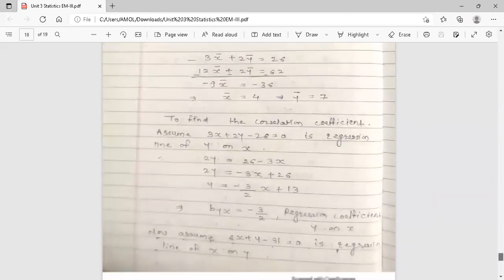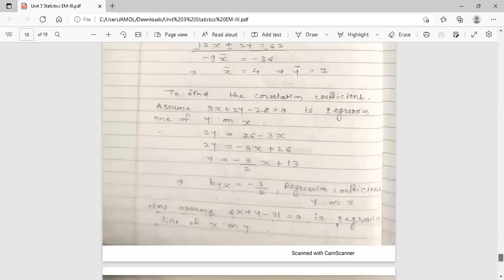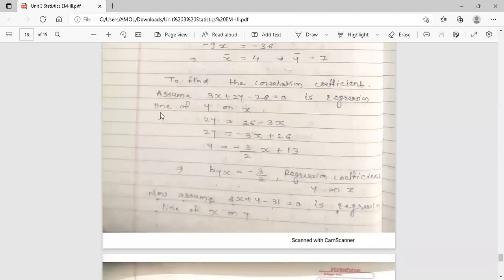Try to solve this homework example. Here you remember that when we consider the regression line of y on x, then we find the value of y, and the coefficient of x is nothing but your byx, the regression coefficient of y on x.